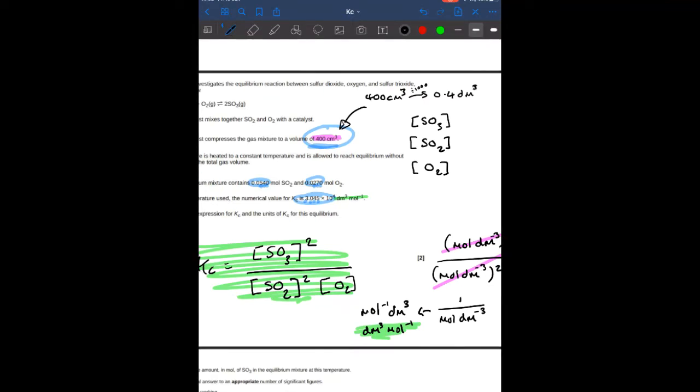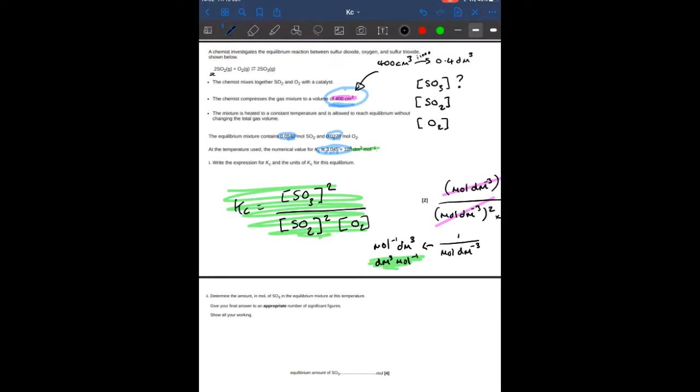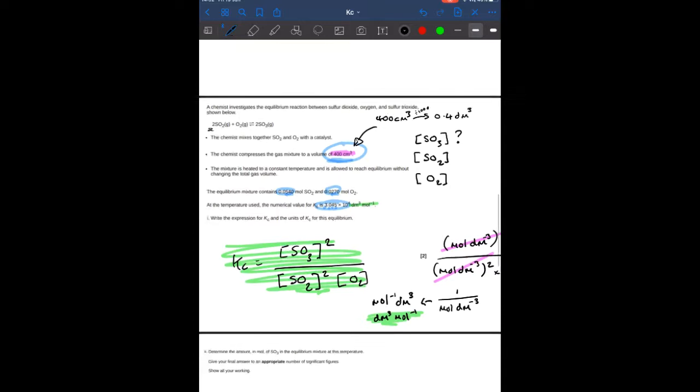Now, we don't know what the concentration of this is. We're going to need to work that out before we can then work out the number of moles, the equilibrium amount. We do, however, know at equilibrium, the mixture contains 0.0540 moles of SO2 and 0.0270 moles of O2.